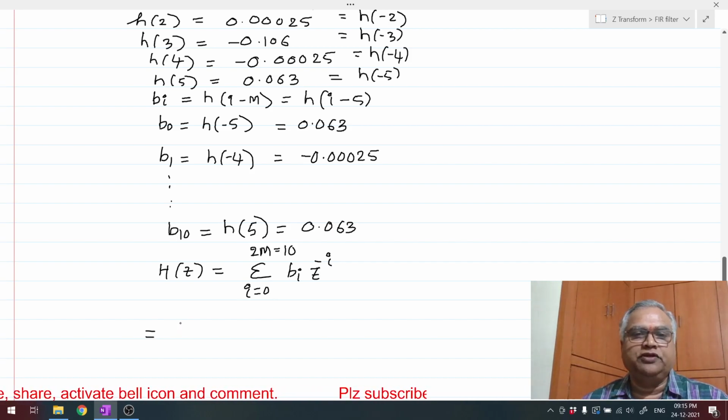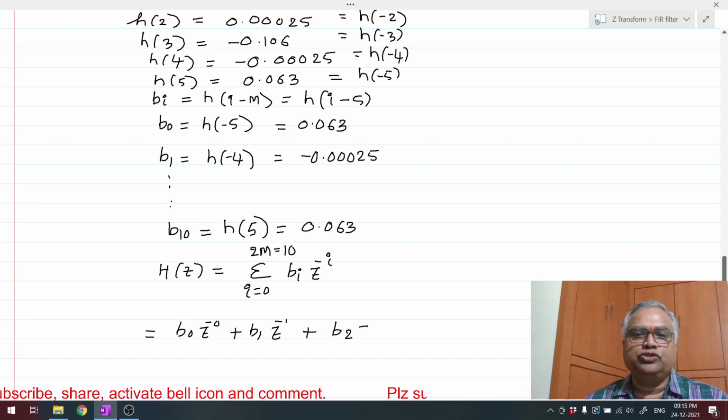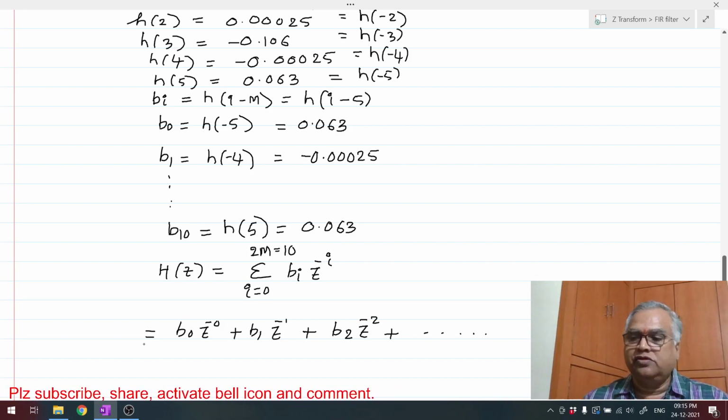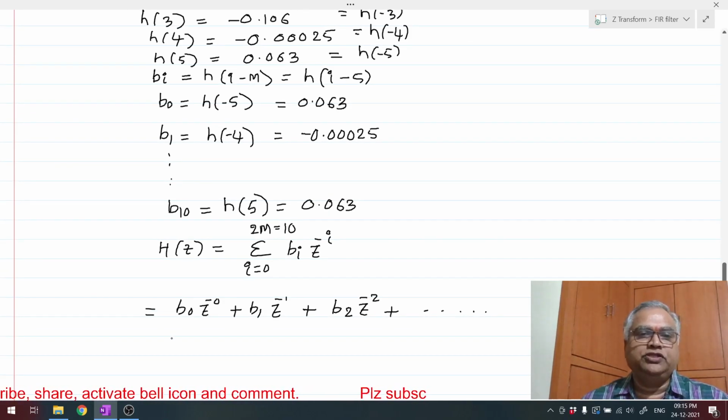For a sample, I will give: b0 z power minus 0 plus b1 z power minus 1, b2 z power minus 2, like that. Last one b10 z power minus 10. So what is the b0 value? b0 is nothing but 0.06.